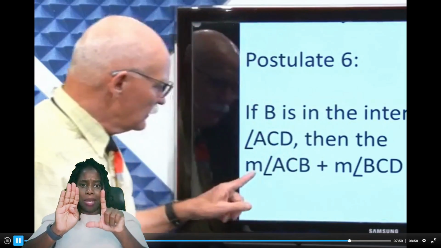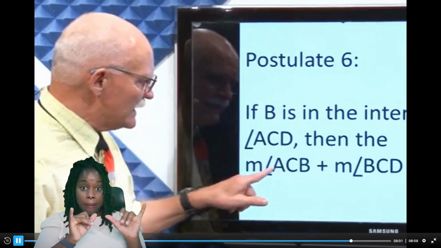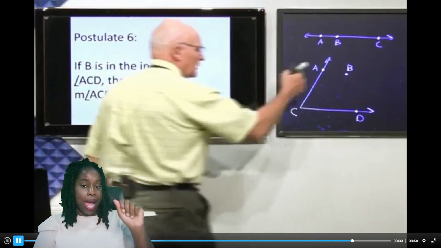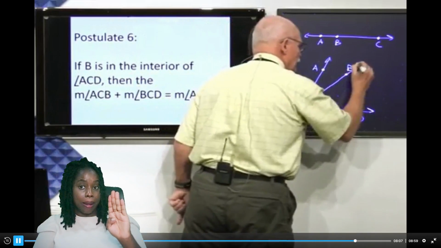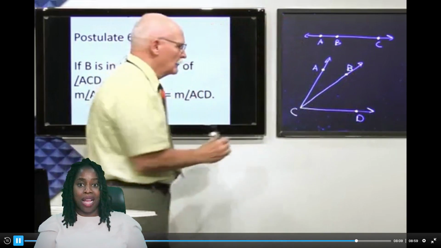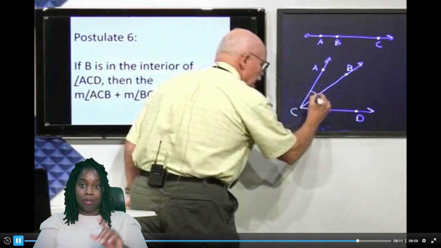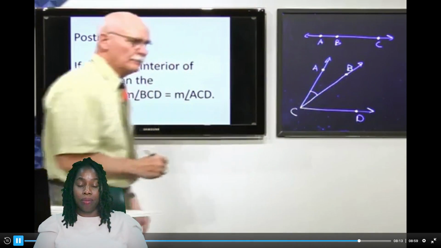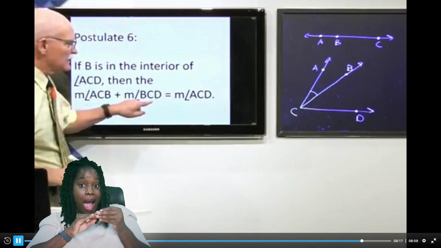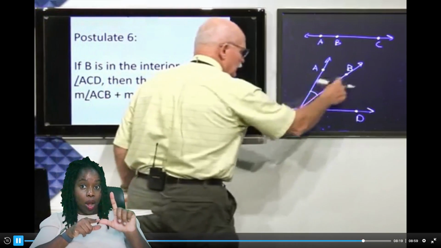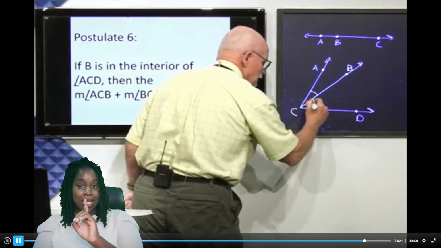Then it says, look at the measure of angle ACB. That would be that angle. This angle right here is angle ACB. And if you add to that BCD, that would be this piece.